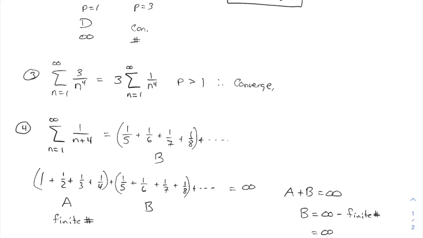So this series up here was just B. And actually, I should have put parentheses around here. B is everything all the way to the end. So B is infinity minus a finite number, so B is infinite. And so this thing diverges.